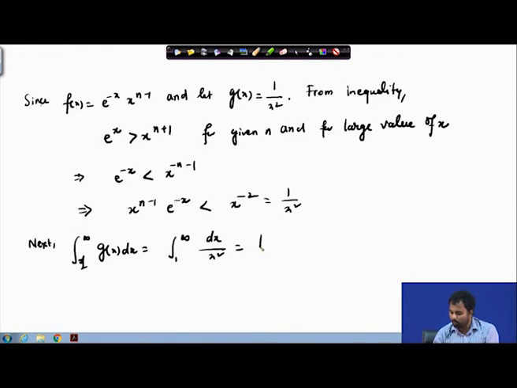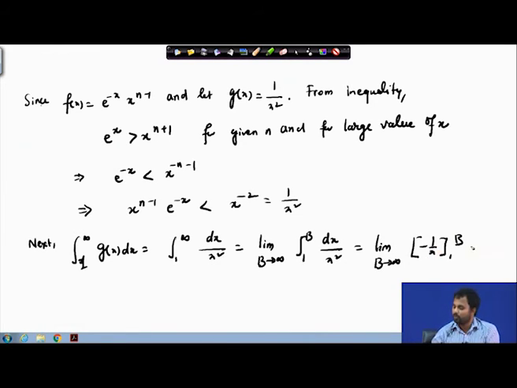I can write limit b goes to infinity of the integral from 1 to b dx by x square, which is limit b goes to infinity of minus 1 by x from 1 to b, and then we substitute the limit. When b goes to infinity, the first term will go to 0. Therefore, the value of the integral would be 1.